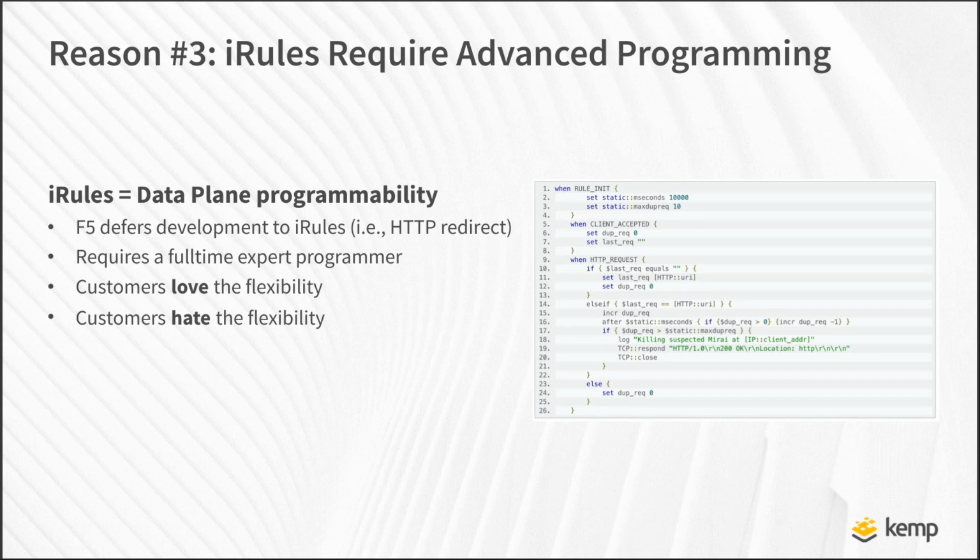Another not so hidden secret is that F5 defers development to iRules. For the longest time, for example, a common load balancer feature, the HTTP redirect, the 302, send it to a different site, had to be done in iRules. Another good example is I mentioned that carrier grade NAT, that CG NAT solution that F5 has as a product.